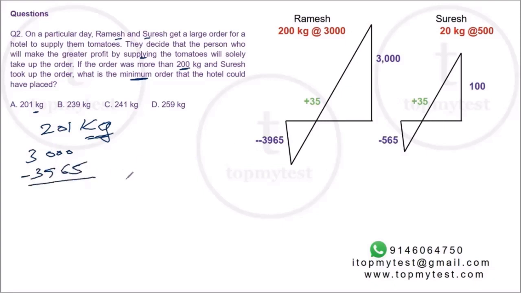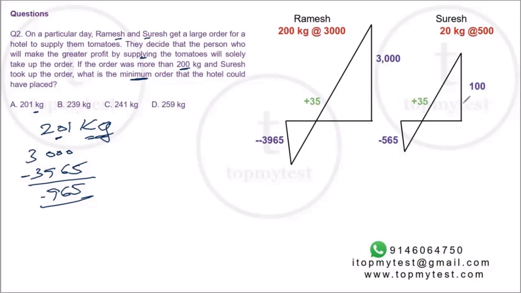So basically his loss is going to be minus 965. So if he takes up this 201 kilo offer, he's going to lose 965. But I can mark 201 only if Suresh makes a profit in this. The one with the greater profit is going to supply, but for that, Suresh should also make a profit.